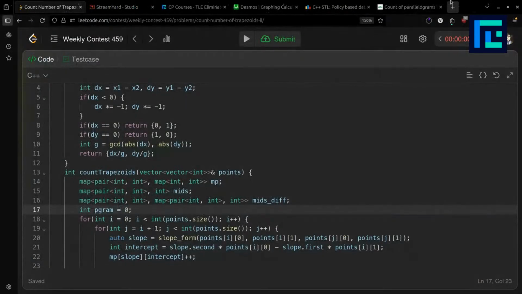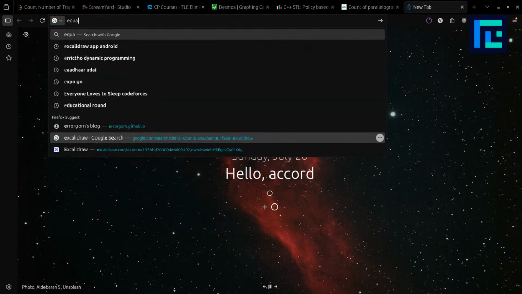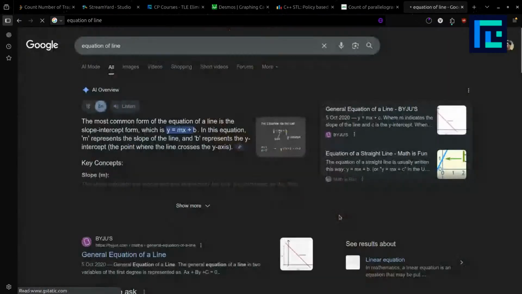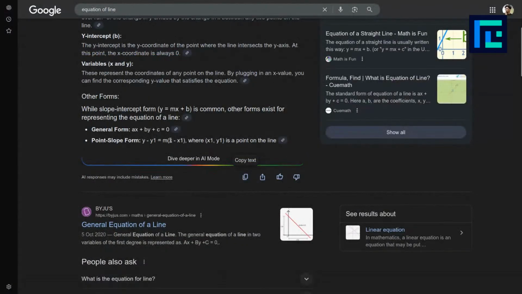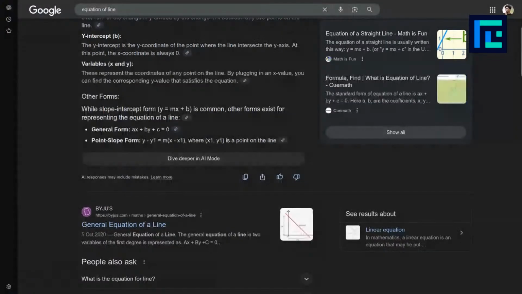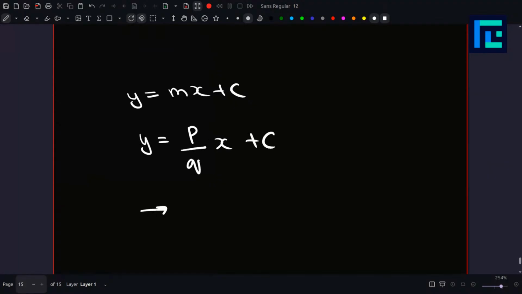It is simply the formula for the intercept. Take the line equation, and if you just write it like y equals mx plus c, so y equals p by q, x plus c, now you simplify this equation, you get qy equals px plus qc.